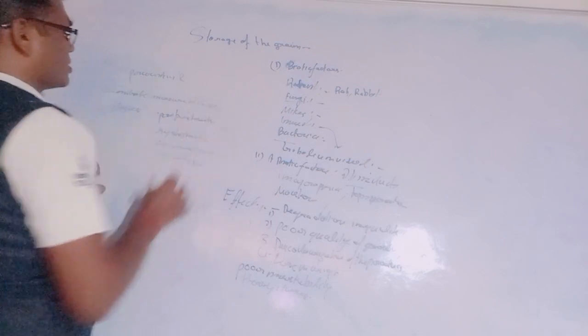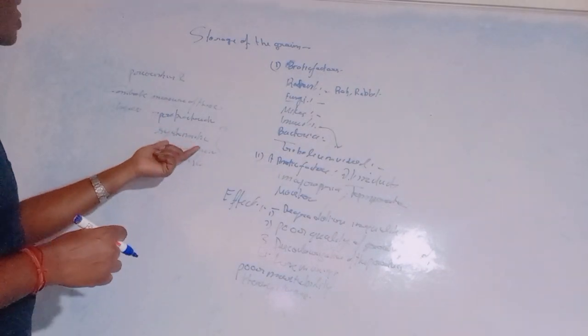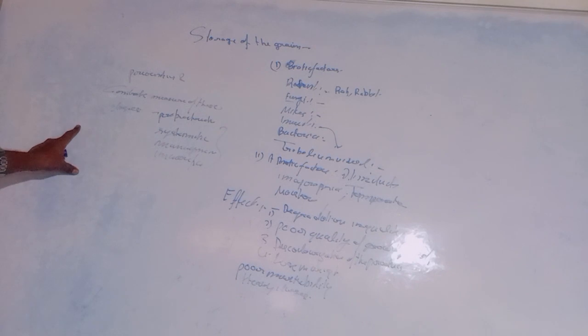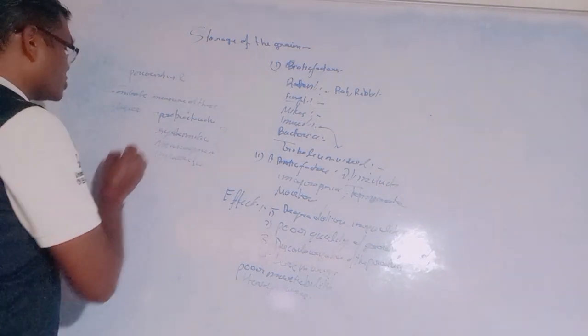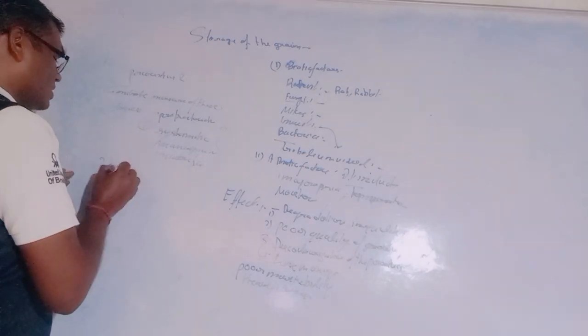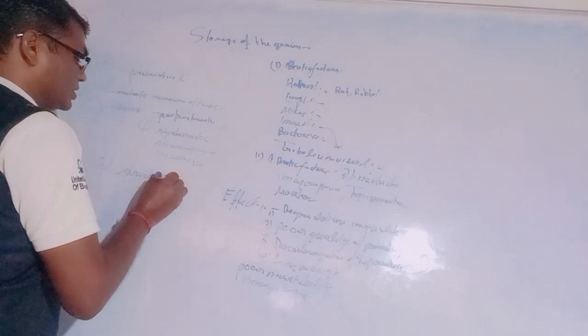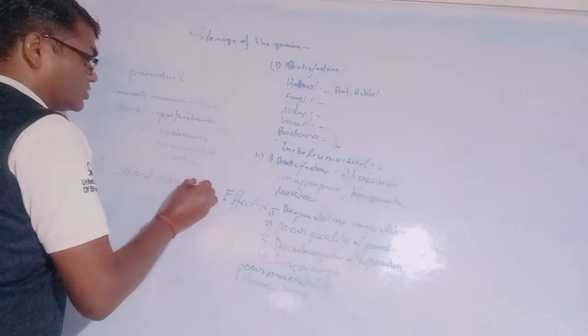So proper preventive systems and proper management in the warehouses is necessary. First, strict cleanliness of the product before storage. Before storage we have to clean. Strict cleanliness is required.